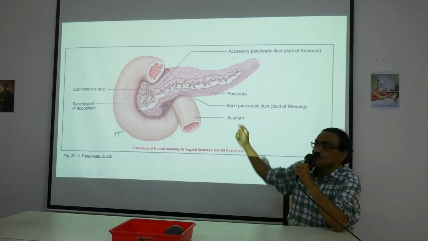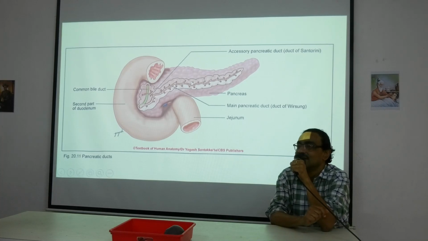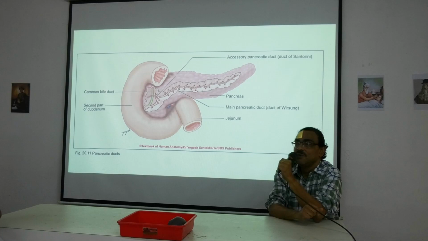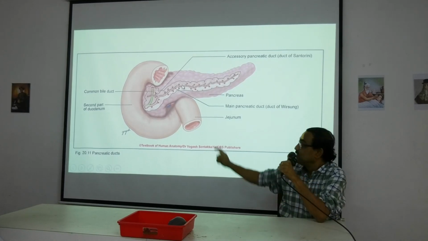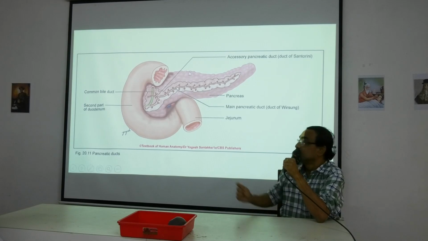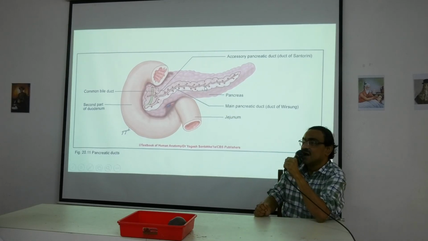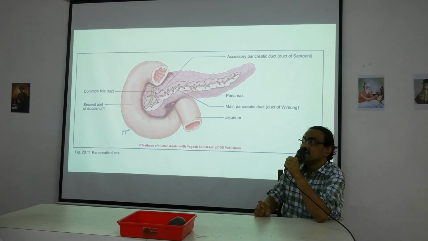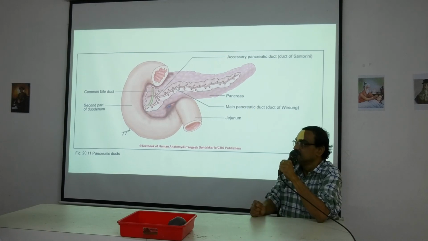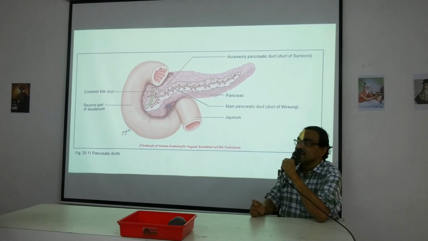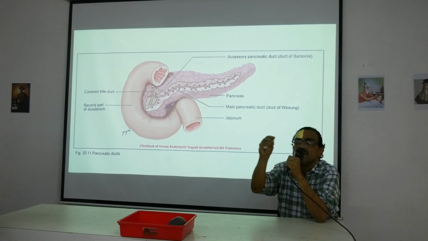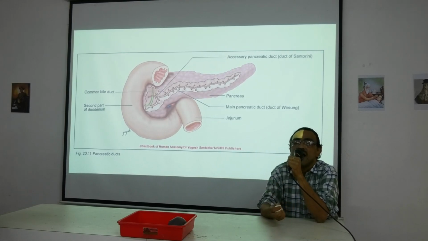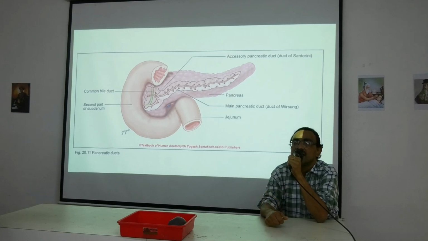So it looks like the fish bone appearance, and in between we get the area where these ducts and ductules ultimately end in acini, pancreatic acini, and in between pancreatic acini we can find some islets of Langerhans.